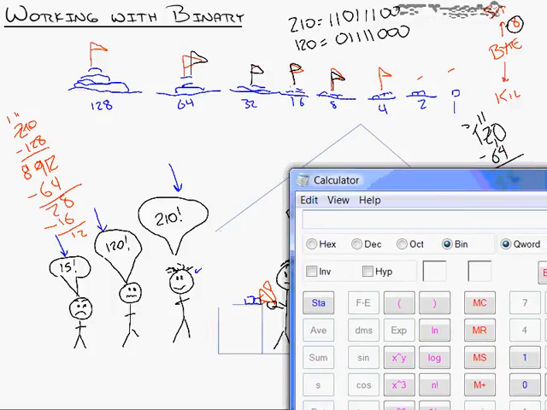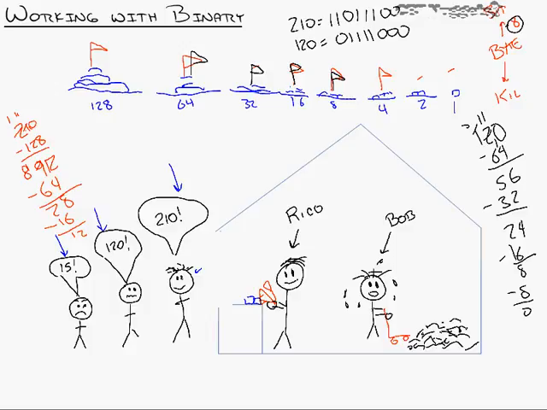So hang on, let's verify this, because I'm sure many of you were like, no, that's not it. 210. First flag. I've got flags going everywhere. 128. Subtract that out. 1, 0, that'd be 2. 82. I came up with 92. Can't believe that.